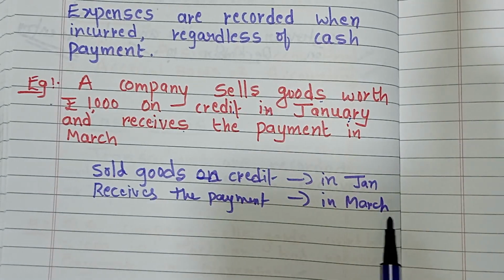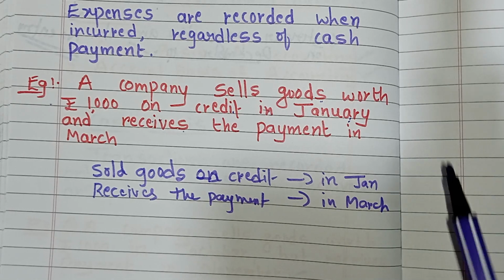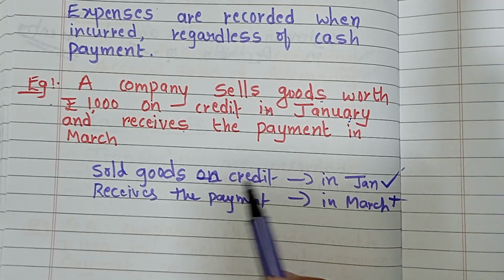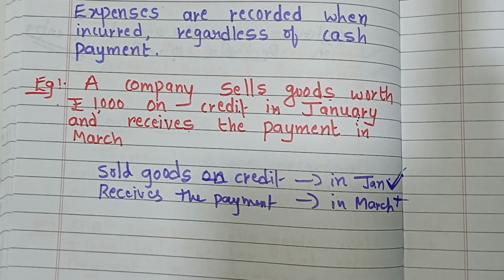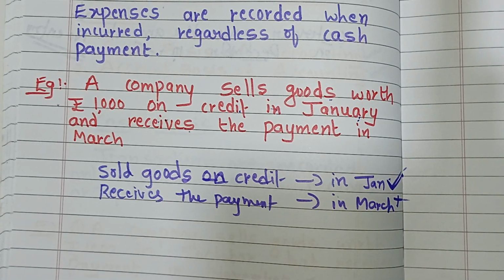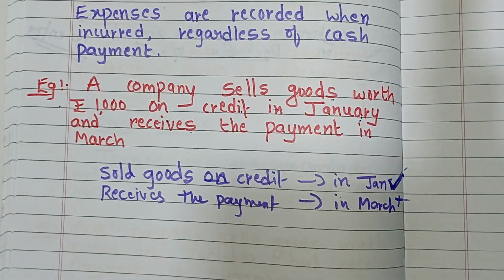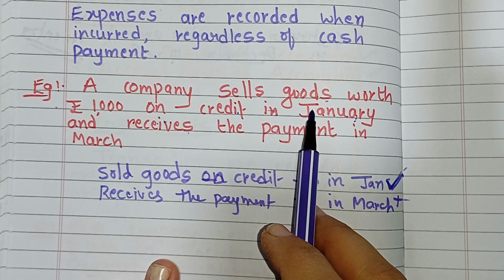Means in this basis, the revenue is recorded in January, not in March, because the sale is made in January. In March they received the payment, but the company sold the goods in January, so this is accrual basis of accounting.